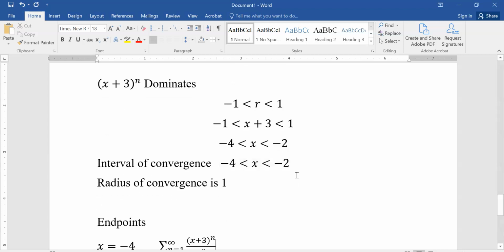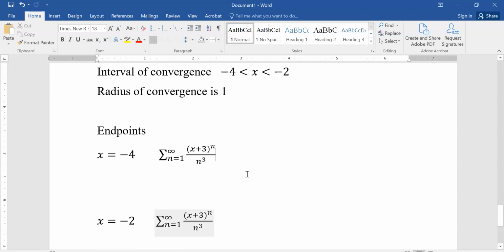And that's your interval of convergence. The interval of convergence is from -4 to -2. The radius of convergence is 1 because we're centered at -3, and you have to move 1 to the left or 1 to the right to get to the endpoint of your interval of convergence.